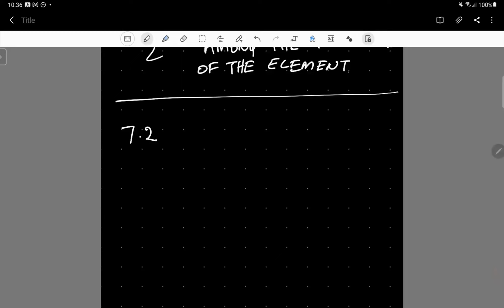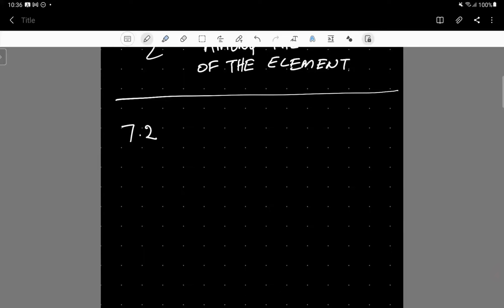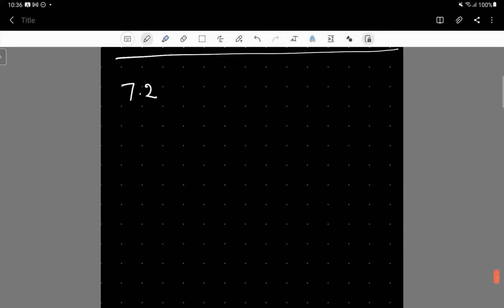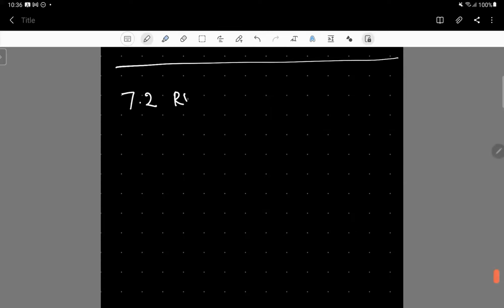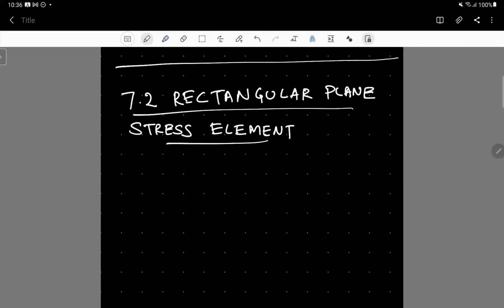Let's try to further complicate this problem now to see the real advantage behind this isoparametric formulation of the system. So let's consider a plane stress element. Let's consider a rectangular plane stress element, and let's try to develop the element stiffness matrix.